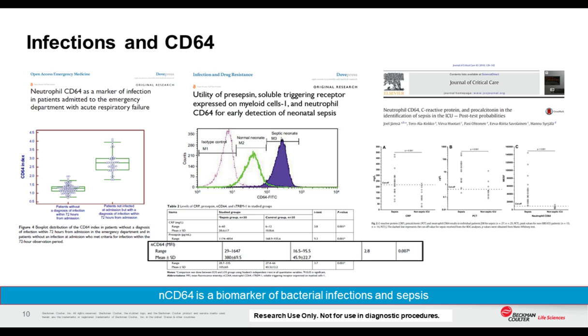Neutrophil CD64 expression has been reported in many bacterial diseases, showing it to be a potentially useful early biomarker for detection of bacterial infection and sepsis with high sensitivity and specificity.